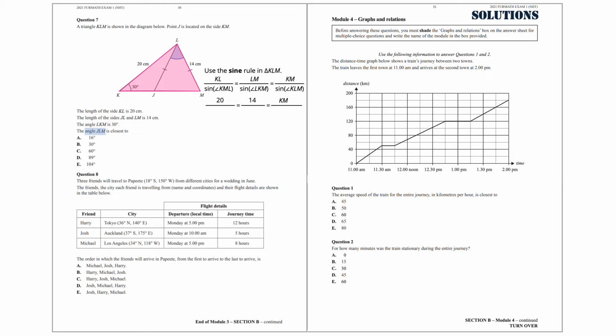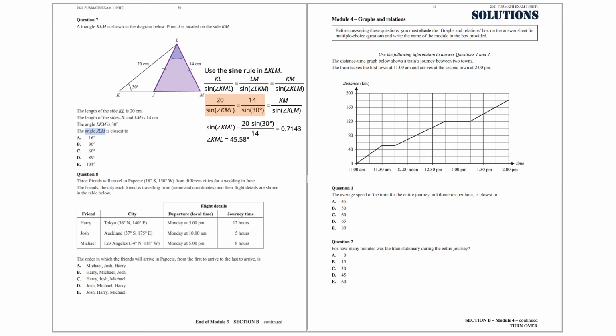We also know that angle LKM is 30 degrees. From the first two fractions, we can write that sine of angle KML equals 20 times sine 30 degrees, all divided by 14. And that gives us 0.7143. So angle KML equals 45.58 degrees.